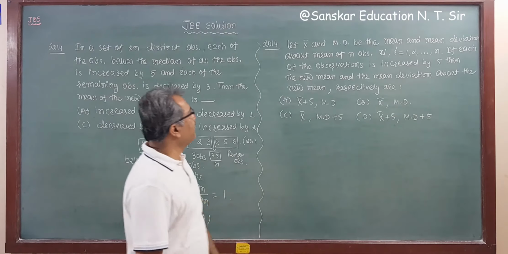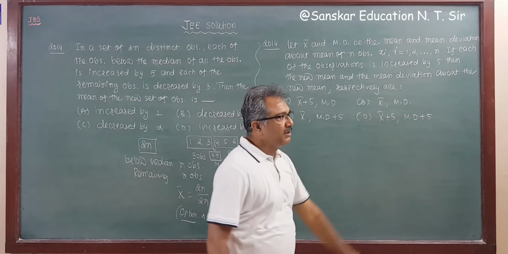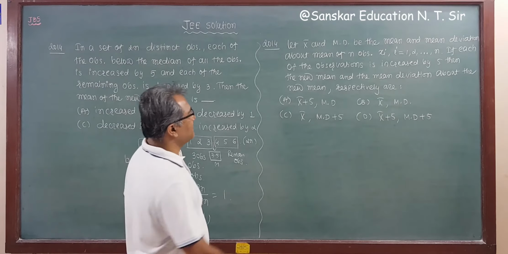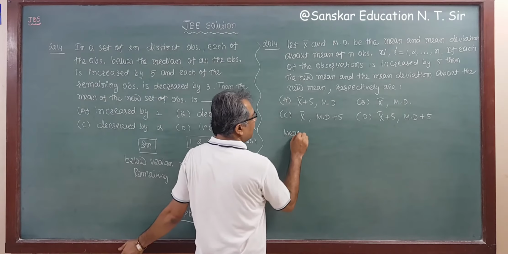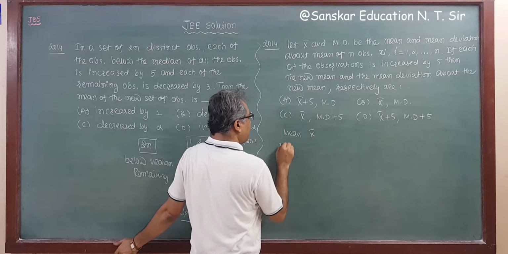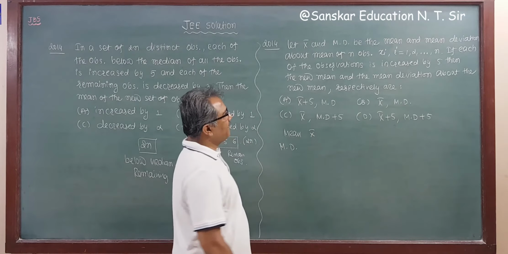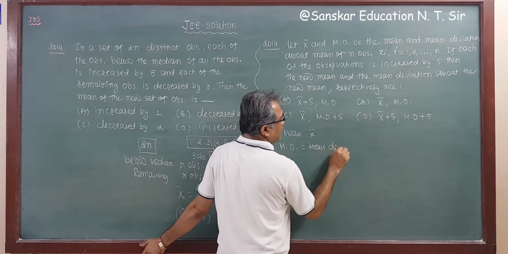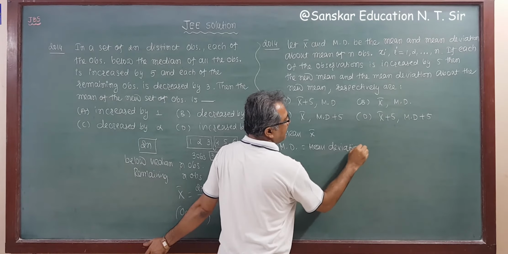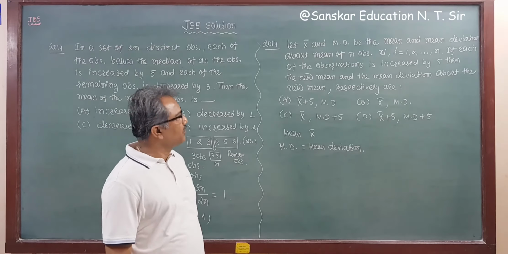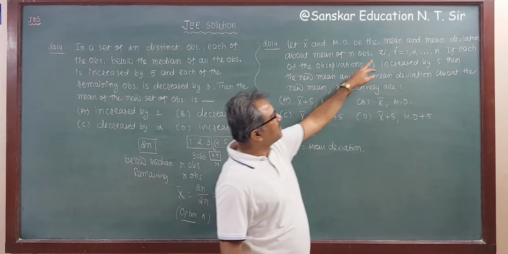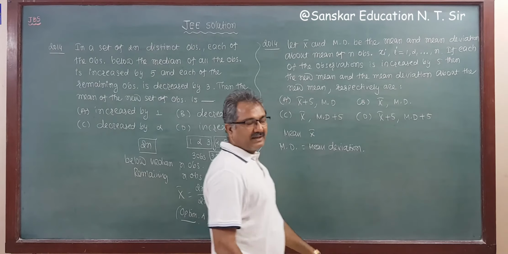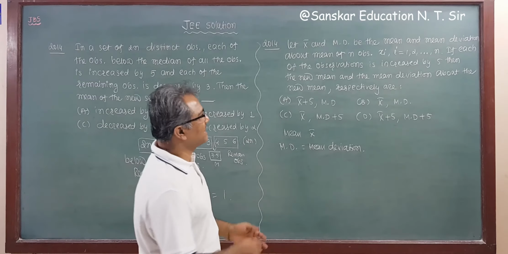Now another question, from 2014. Let x bar and MD be the mean and the mean deviation of n observations xi, that is x1, x2, x3 up to xn.